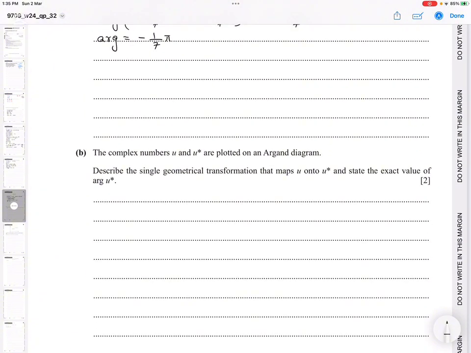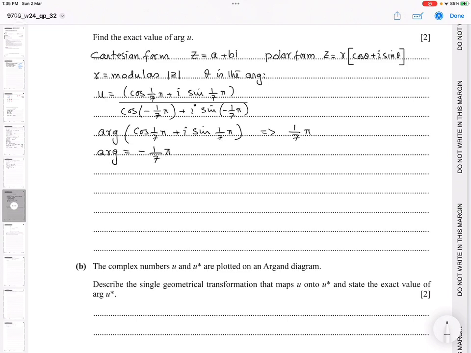Okay, in part B, wait, let me complete this. Because it was division, as we know, the argument of u1 over u2 is the same as argument u1 minus argument u2.